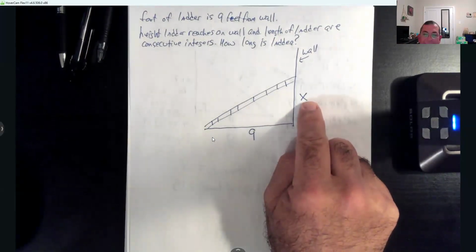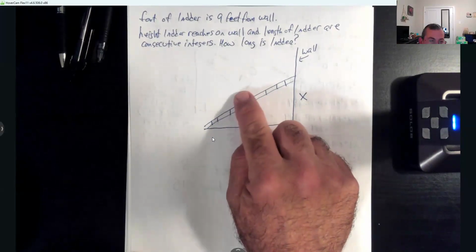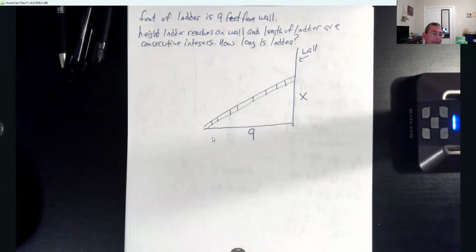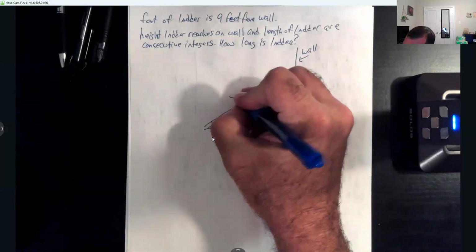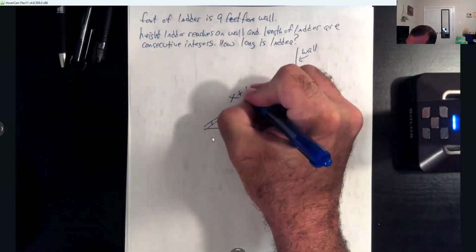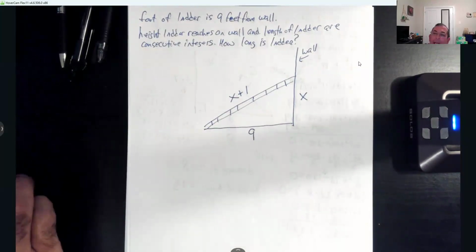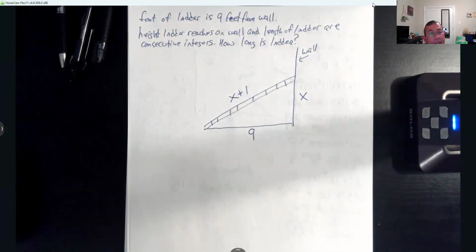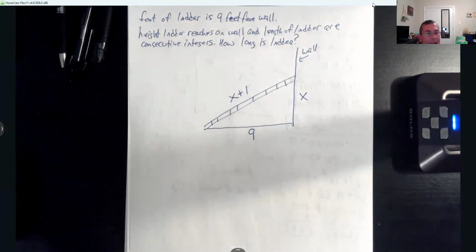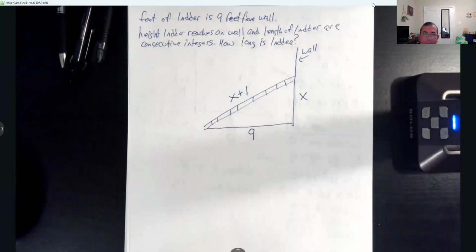Say if this is 5, what would you do to 5 to get the next consecutive integer? Add 1, perfect. So if this is x, this will be x plus 1, okay? Now, lingo they use in math, they might say consecutive even integers. Well, if it's consecutive even integers, you would add 2 to each number, okay?